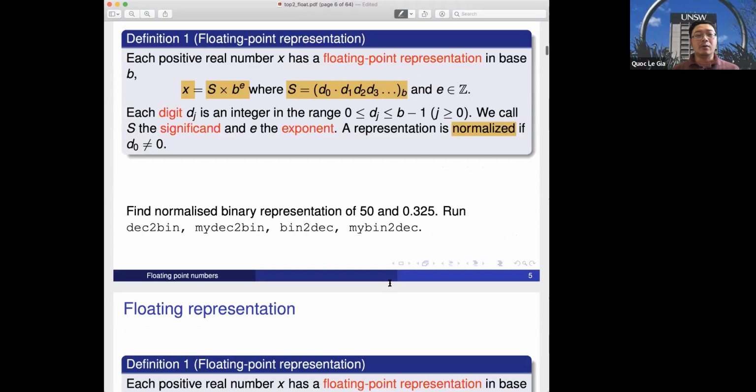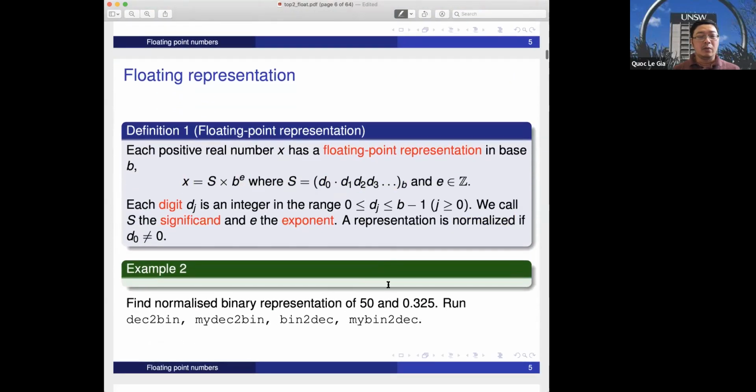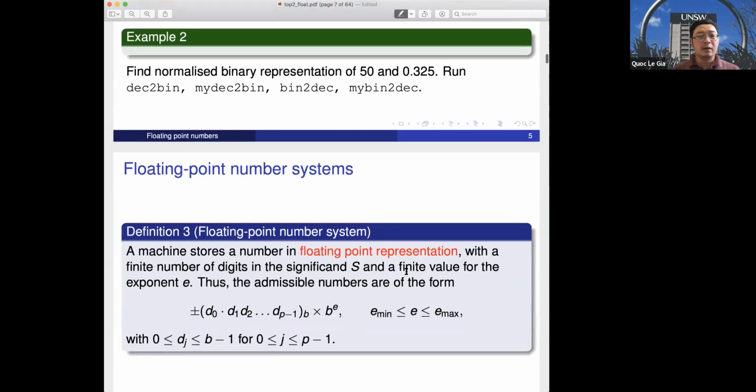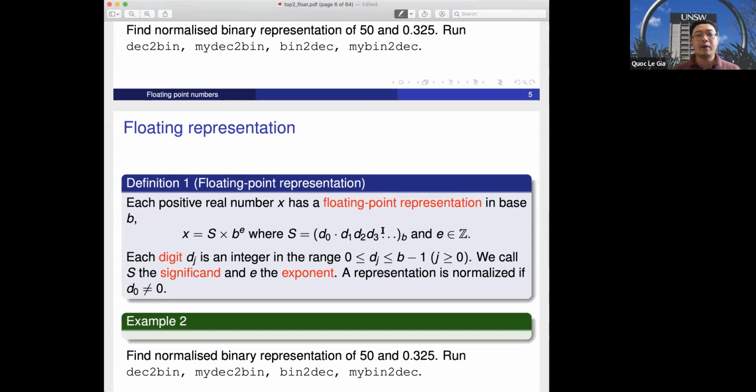So now we did this one already. Okay. So now remember, like this, the floating point representation, you can have infinitely many digits. Think about the number 1/3. You can represent it as 0.3333, so you've got infinitely many digits behind the dot.